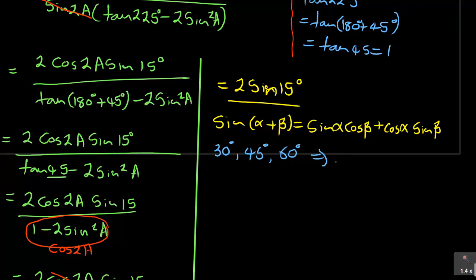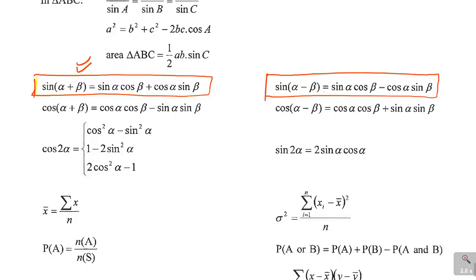Remember, we have to add. Is there a way to get 15 degrees using plus? There is no way of using the plus, so which means I need to use the second one, which is minus. So this one is not going to work for me.